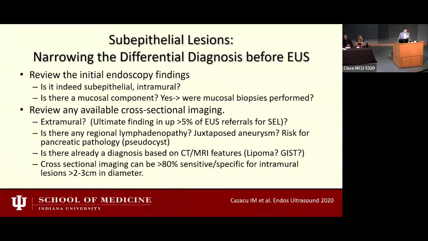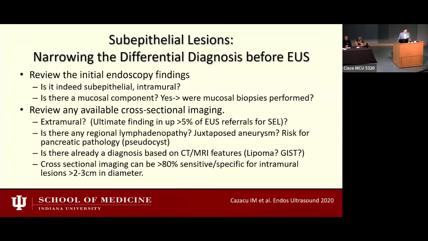And speaking of that, reviewing the cross-sectional imaging in these patients before you perform an EUS procedure, before you move forward with that evaluation, is very important. A non-insignificant proportion of these patients, that subepithelial lesion that was sent to you is actually extramural compression of the foregut by a juxtaposed organ or a juxtaposed abnormality.